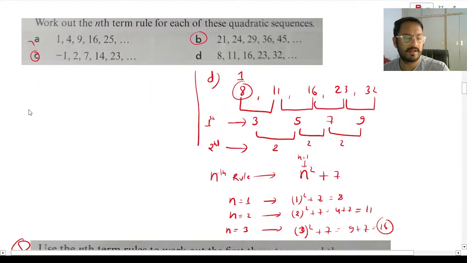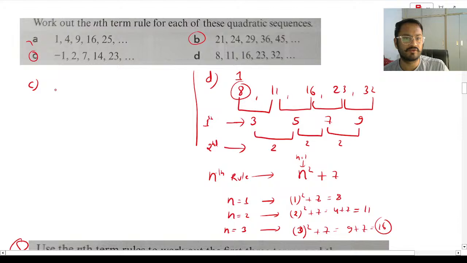Now here in the C part, work out the n term rule for each of these quadratic sequences. So the sequence is minus 1, 2, 7, 14 and 23, right?